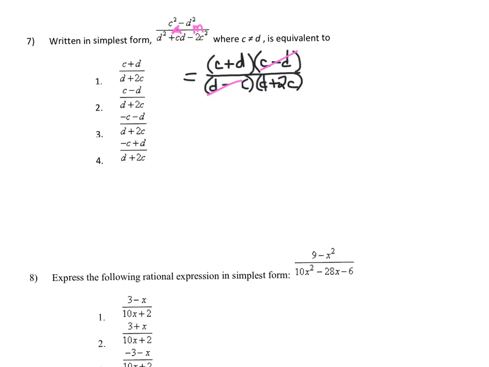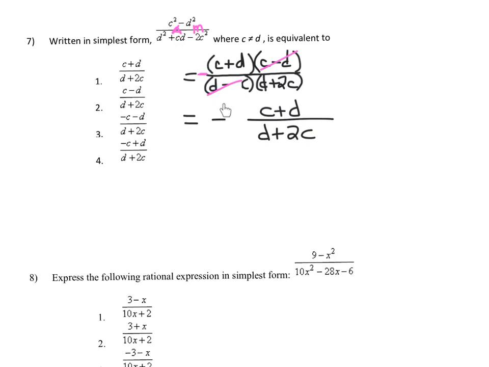So when I rewrite this, for right now, I'm going to put it right here in front of the fraction, okay? So when I rewrite this, we're going to have negative in front of the fraction, and on top we have c plus d, and in the denominator we have d plus 2c. Now, if you look at all the answer choices, none of the answer choices have the negative in front of the fraction.